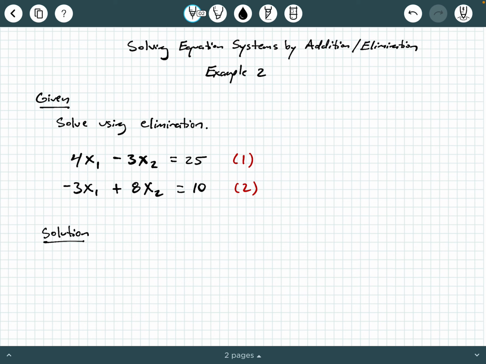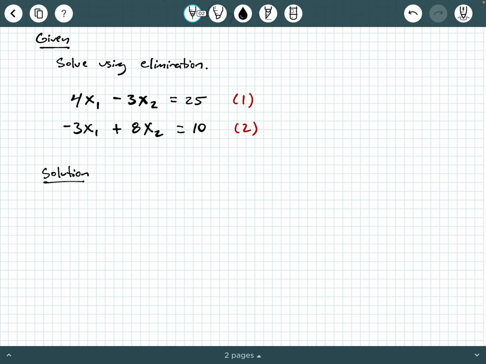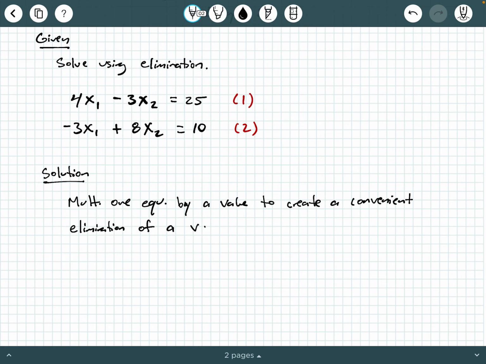Unlike our previous example, there's not a very obvious convenient cancellation right now. We have to create one. So if you remember in this method, we are going to multiply one equation by a value to create a convenient elimination of a variable when adding the two equations.